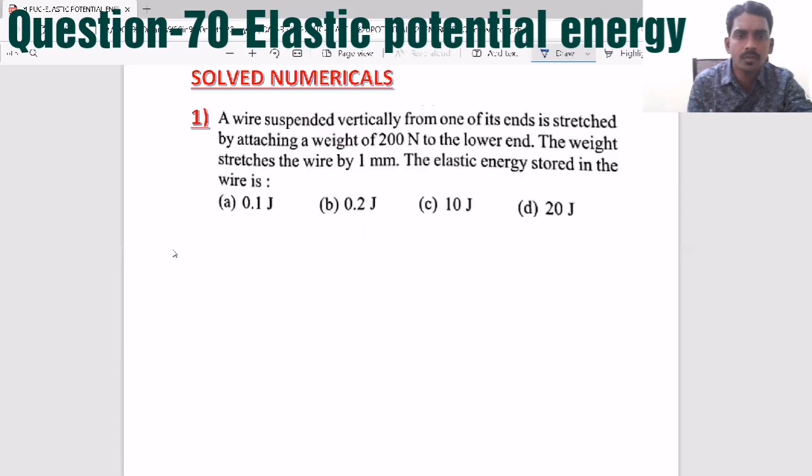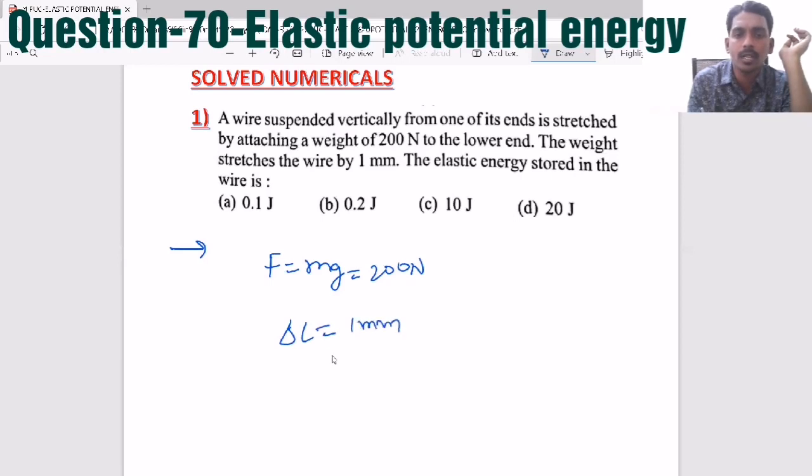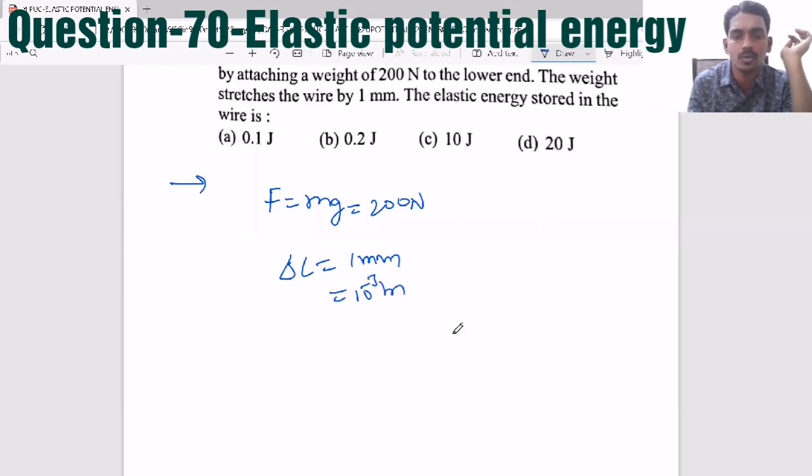Now here is our first question. A wire suspended vertically from one of its ends is stretched by attaching a weight of 200 Newton to the lower end. So the force applied is the weight of the body, that is 200, and it stretches the wire by 1 millimeter. 1 millimeter is nothing but 10 power minus 3 meter. The elastic potential energy stored.